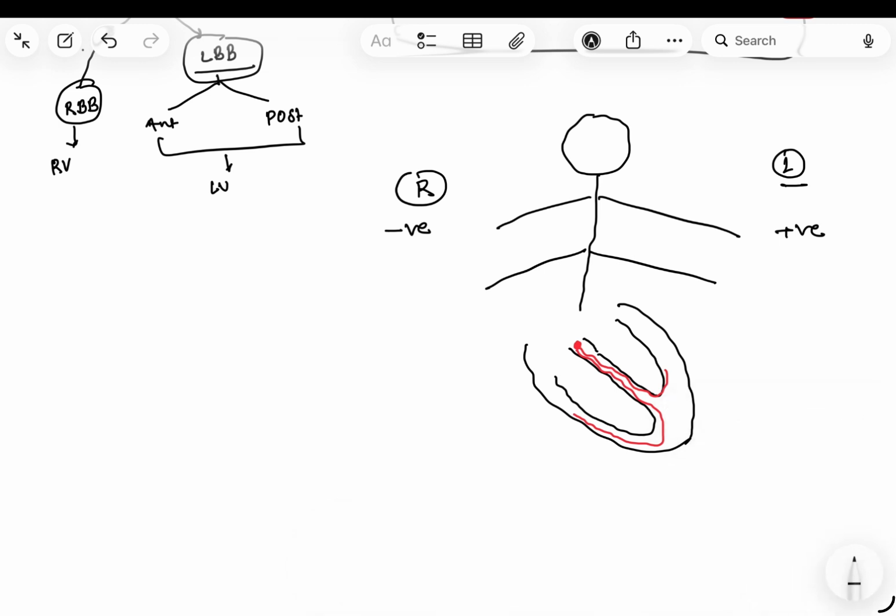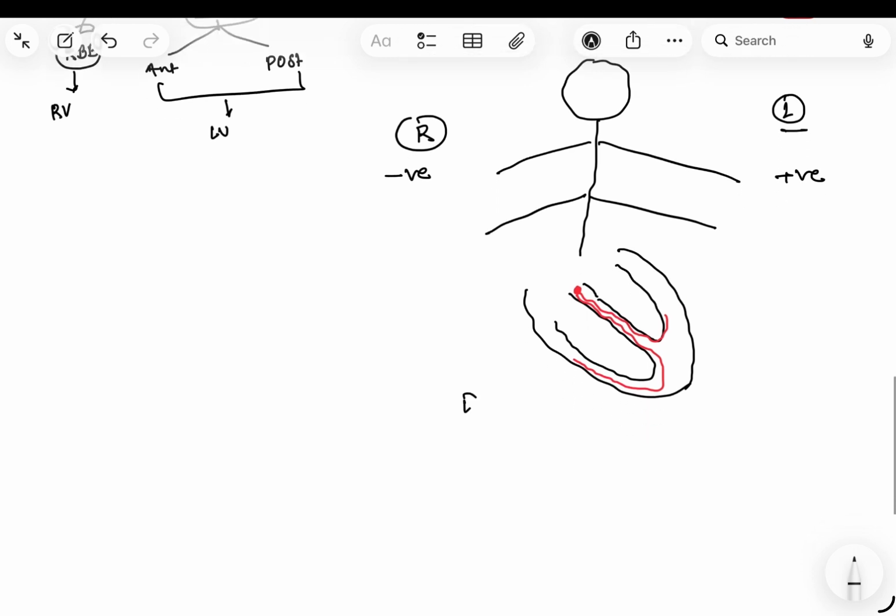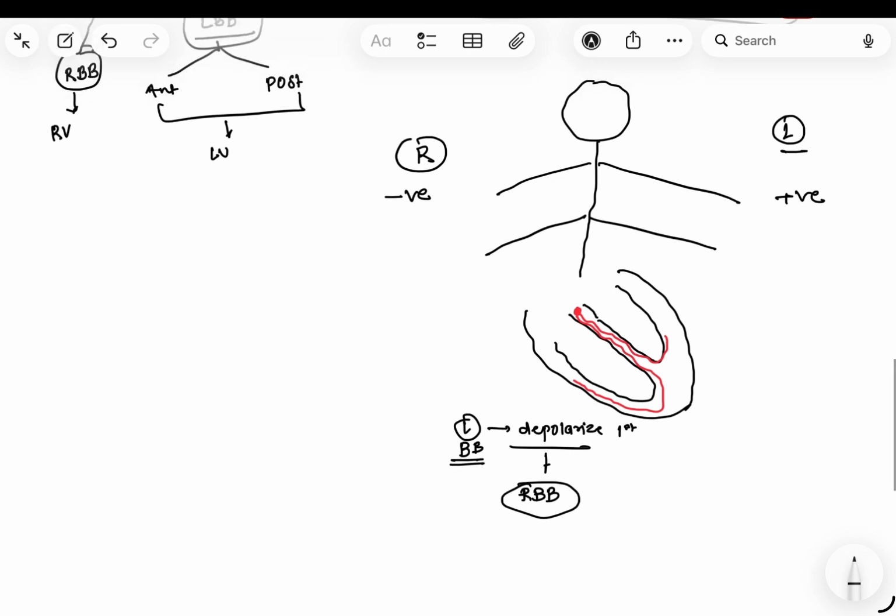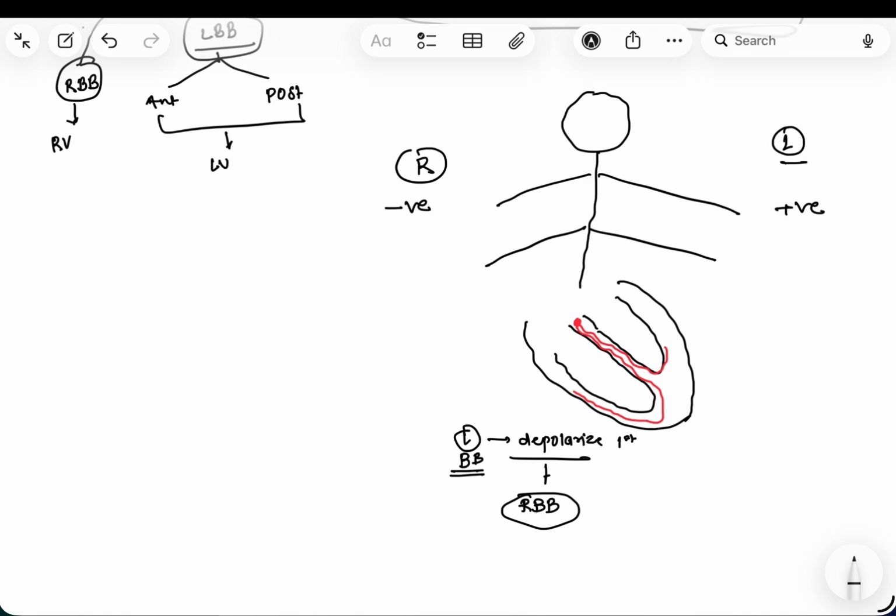So what happens here, whenever there is conduction from the bundle of His to the bundle branches, the left bundle will depolarize first and this will depolarize the right bundle branch. So the left bundle branch will depolarize first and it will depolarize the RBB later. So there will be conduction of charge in this manner from left to right. Good.